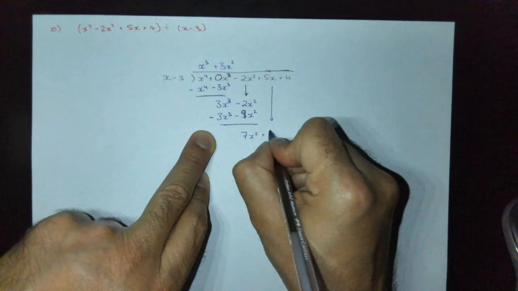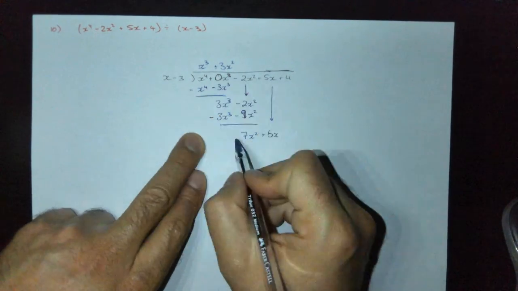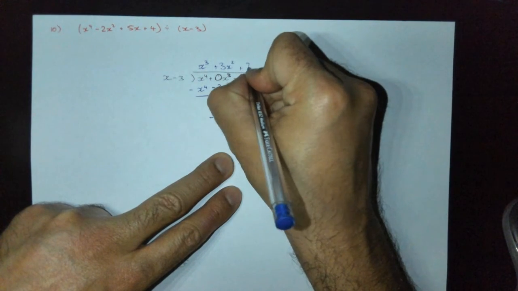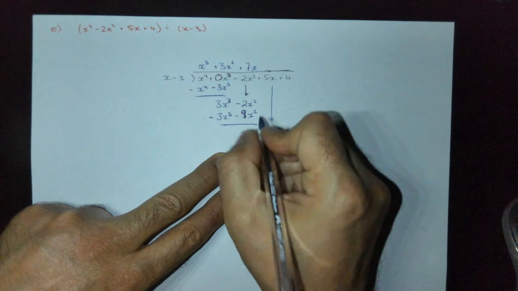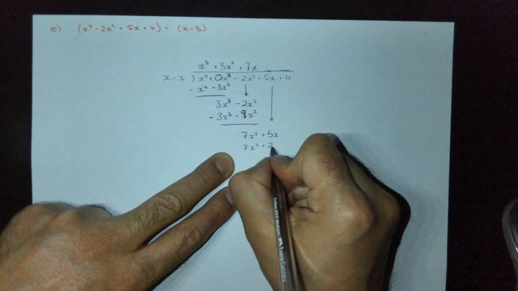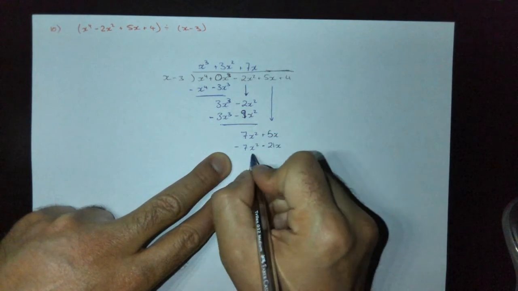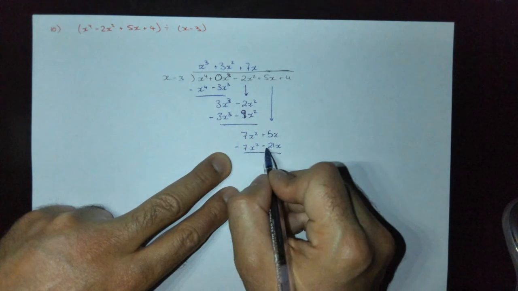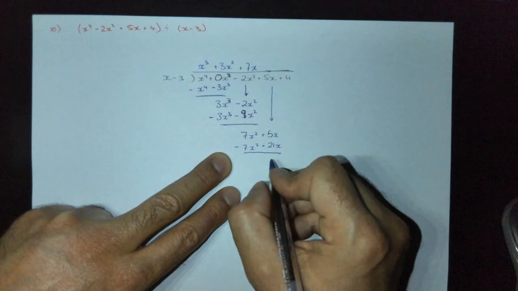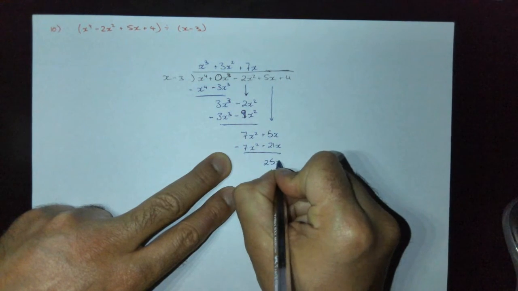This 5x comes down. X goes into 7x squared, 7x times. 7x squared minus 21x. Minus these 2 from each other. That disappears. 5 minus minus, another plus, so 5 plus 21 is 26x.